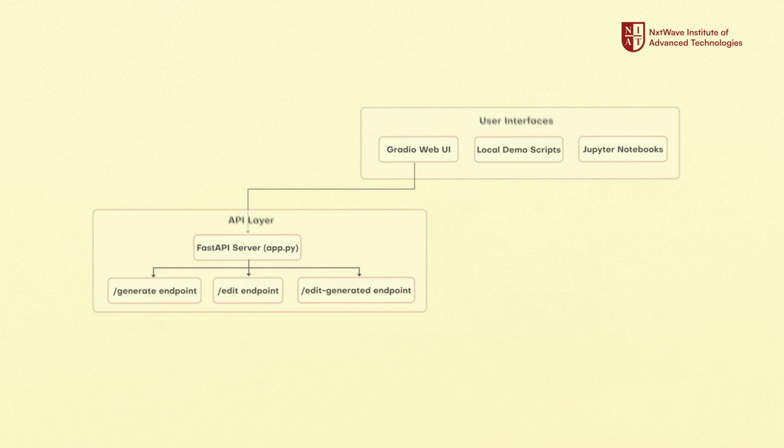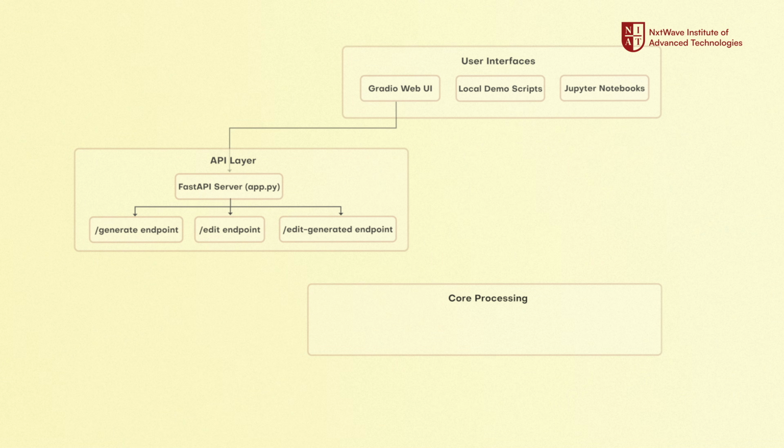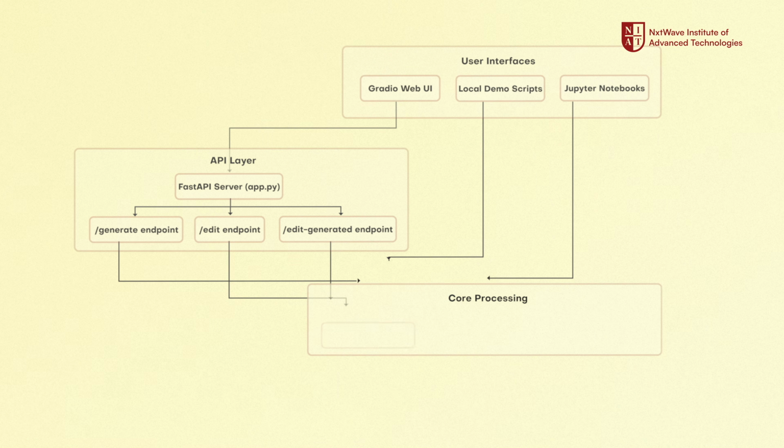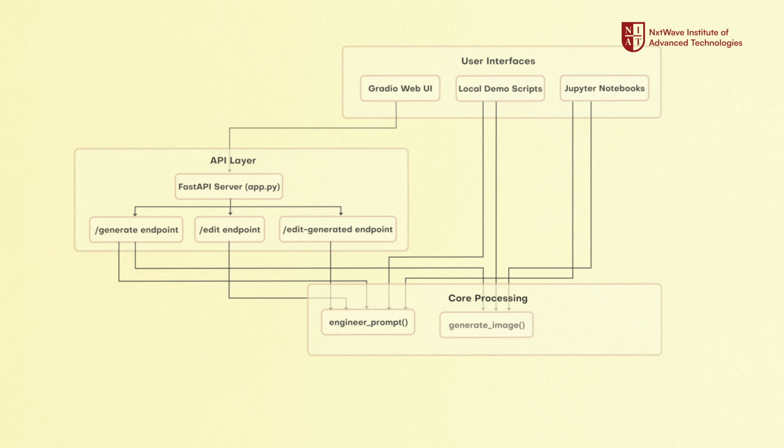Our next part is the core processing, which is the actual work in the backend happening when the API calls are working. When an API is hit, what's the process that happens? The first step is that it will engineer the prompt. So whether, as we discussed, you are trying to generate an image or edit an image, it will first and foremost engineer the prompt. Then it will go to the next step, which is generate image or edit image, depending on how we want to proceed.